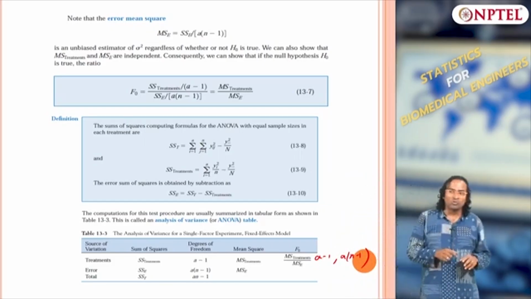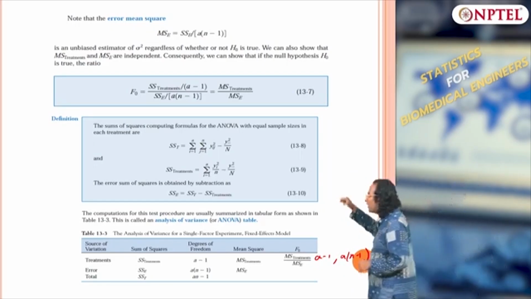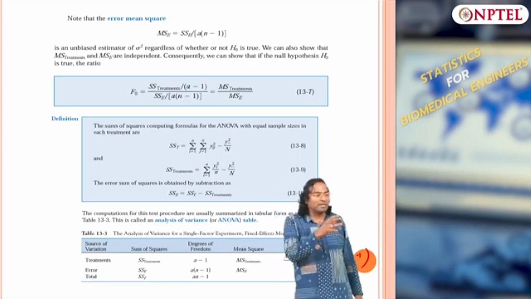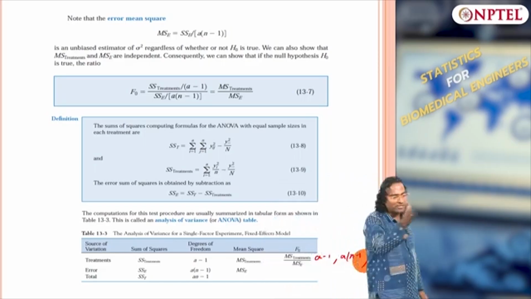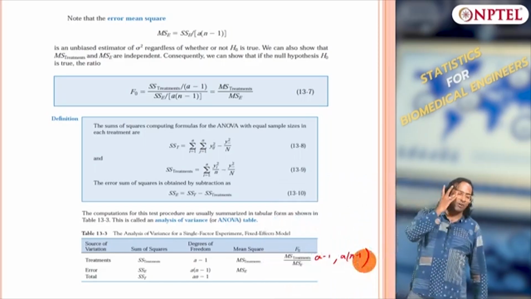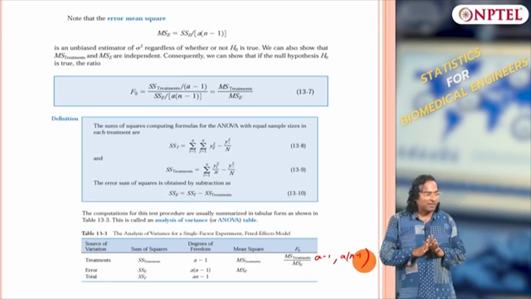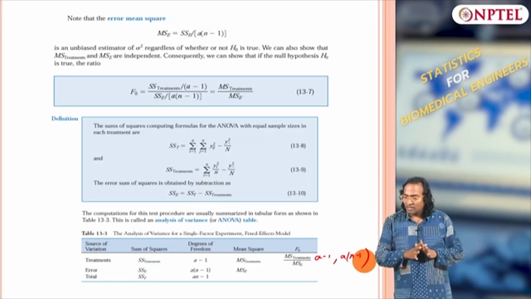Unless you do these derivations you will not be able to see why I am doing this kind of F test. Now you know the mean square treatment expected value. I know it has 2 parts and I take a ratio, I know it should be equal to 1. If it is greater than 1 I know treatments are significant, clear?